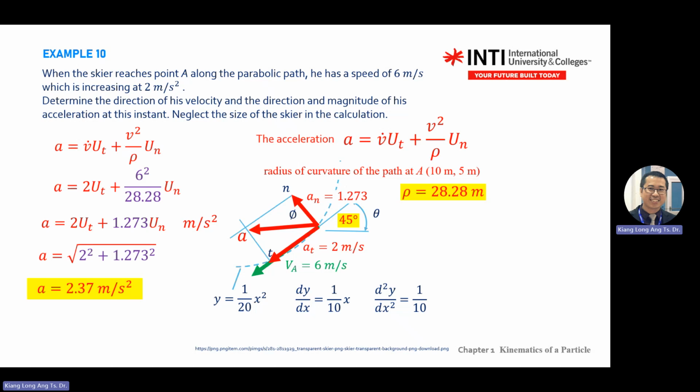So the rest is just mathematics. The magnitude of A is here. For direction, tangent is opposite over adjacent: AN is 1.27, your AT is 2. You arrive at 57.5. If you label it here, you will find 90 minus this answer.